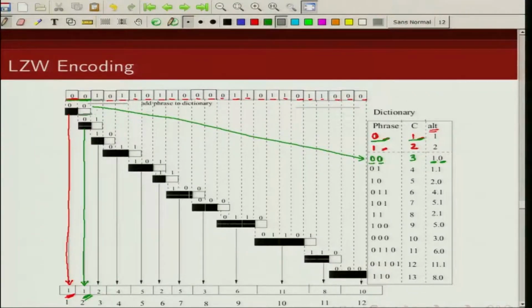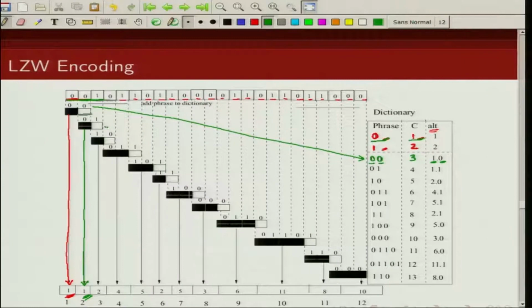Next, we are looking at 1 here. Let's look at the next bit, that is 0. Is 1 0 in the dictionary? No. Now remember when we encountered 0 followed by 1, it was not there in the dictionary.